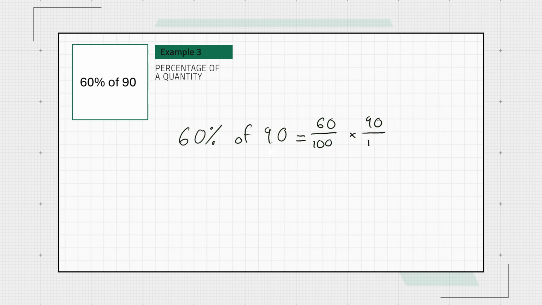So 100 divided by 10 is just 10, and 90 divided by 10 is just 9. Can I do anything else? Well, I can divide the top and the bottom of this by 10 again and get 1, and this will be 6. So I'm left with 6 over 1 multiplied by 9 over 1, which is the same thing as 6 times 9, which is just 54.